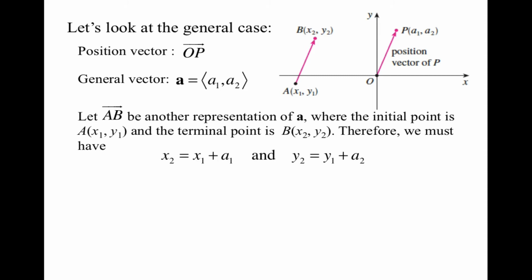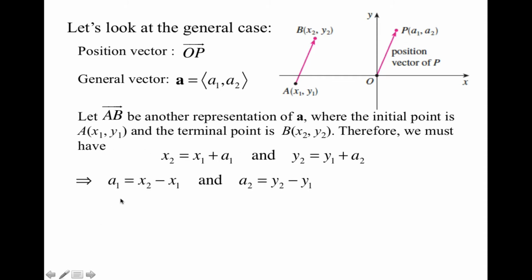Therefore, we must have that x sub 2 is equal to x sub 1 plus a sub 1, and y sub 2 is equal to y sub 1 plus a sub 2.